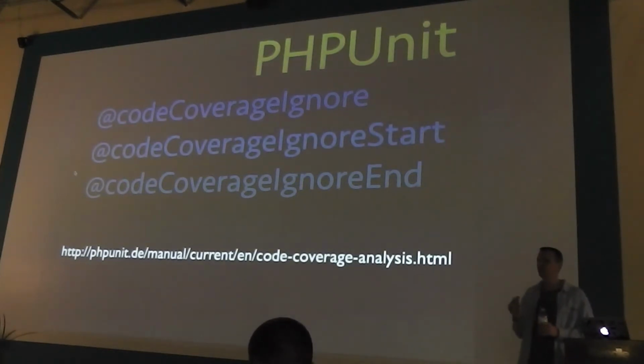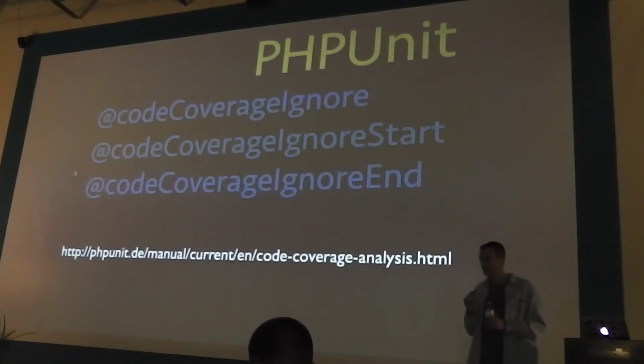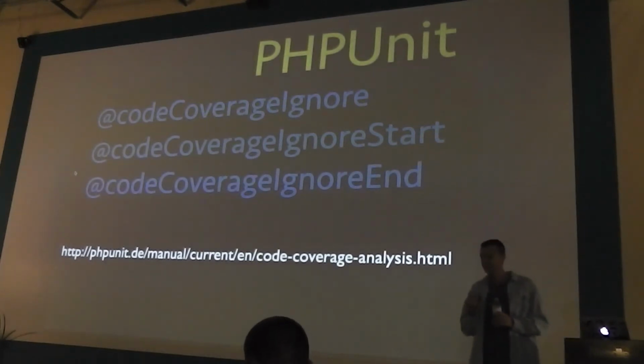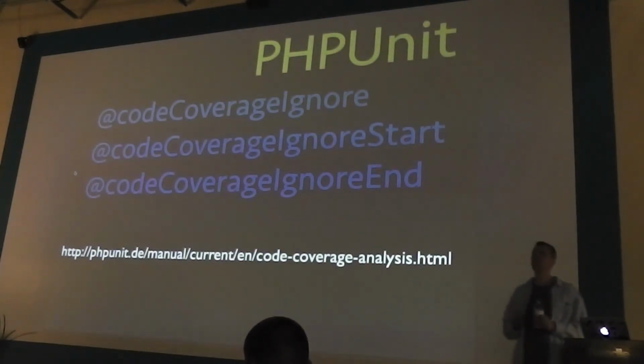Not a technical issue, but as far as a writing code issue, a style issue, is if you're going to use something like this, like ignore or start end, I highly, highly, highly recommend putting comments in your code to indicate why you are ignoring that particular chunk of code.